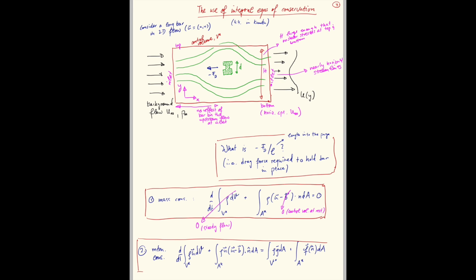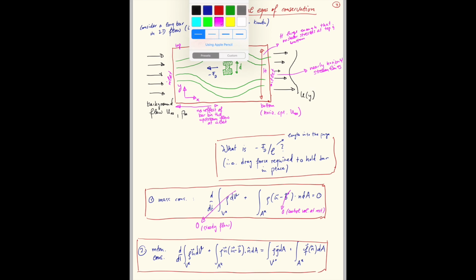And here again we can simplify this. Terms drop out. Same with the b again. And also we don't consider any body forces here. So we're just looking at the drag forces due to the bar itself.